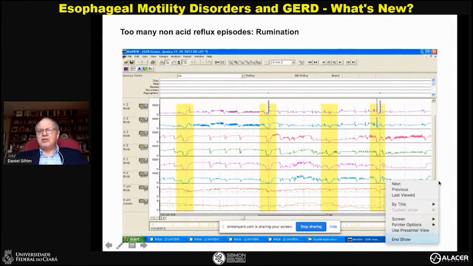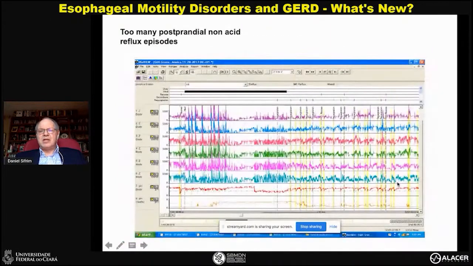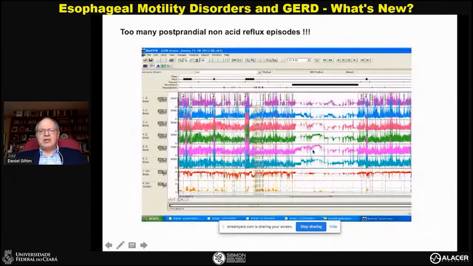This situation was, until recently, considered a failure of PPI treatment in young persons that persist to have postprandial regurgitations.